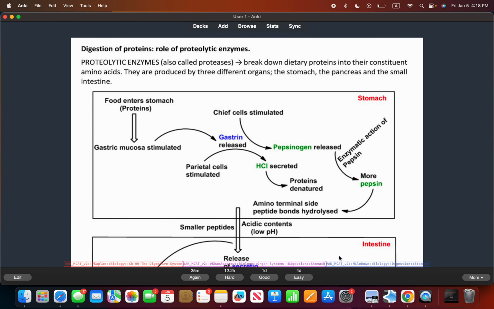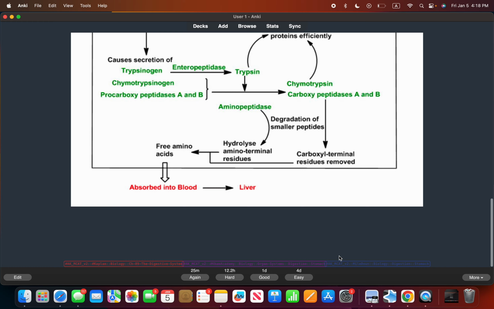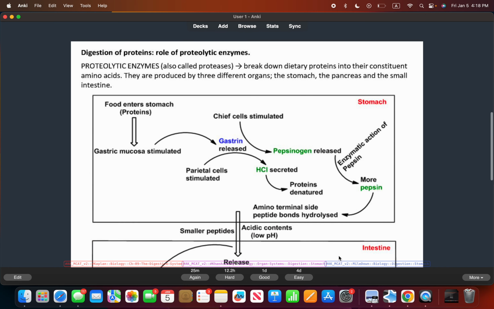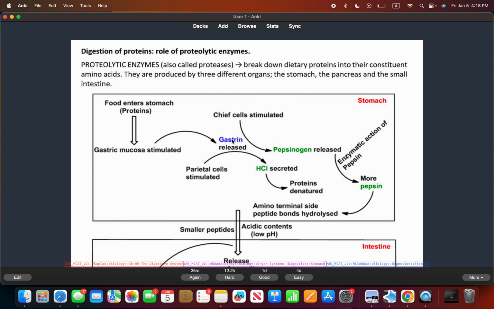There's something here: the digestion of proteins, the role of proteolytic enzymes. Proteolytic enzymes, also called proteases, break down dietary proteins into their constituent amino acids. They are produced by 3 different organs: the stomach, the pancreas, and the small intestine.